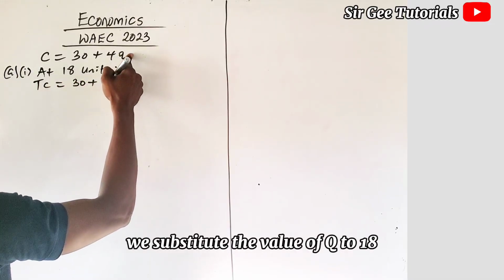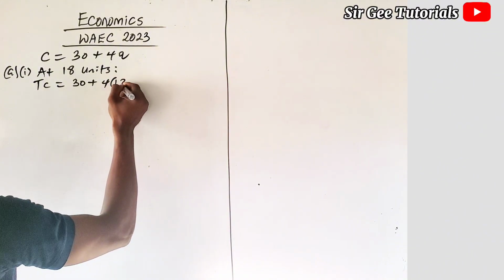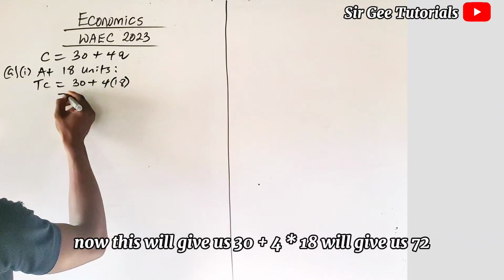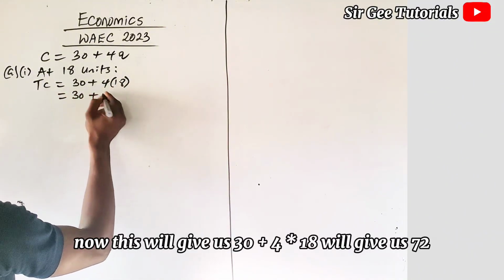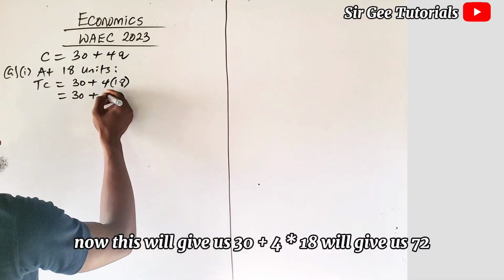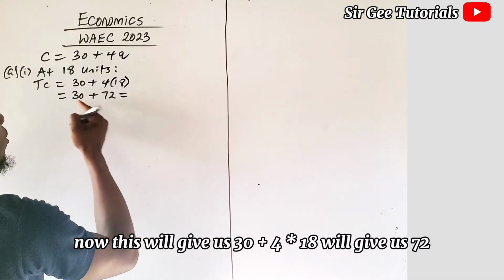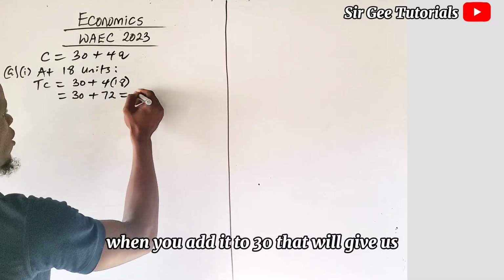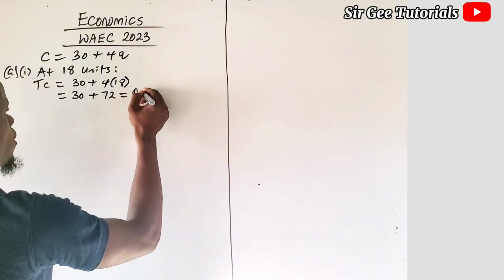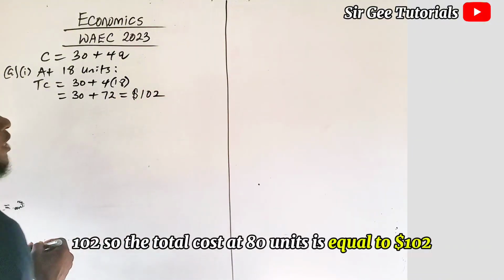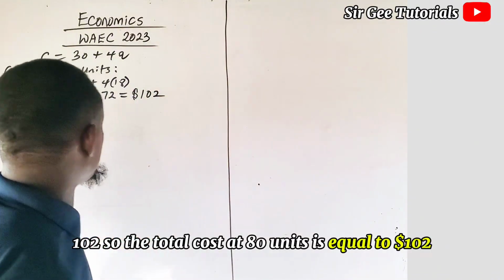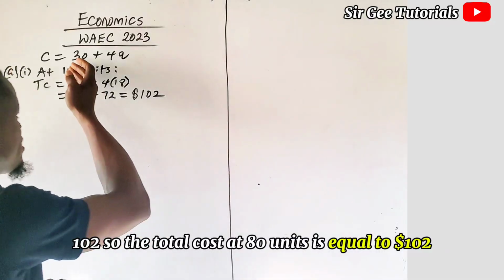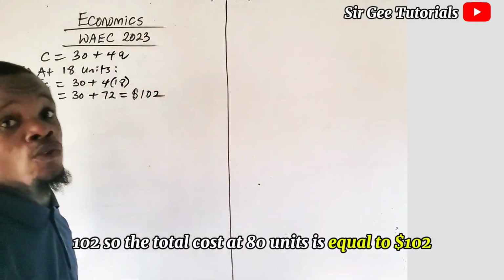We substitute the value of Q to 18. Now this will give us 30 plus 4 times 18 will give us 72. When you add it to 30, that will give us 102. So the total cost at 18 units is equal to $102.